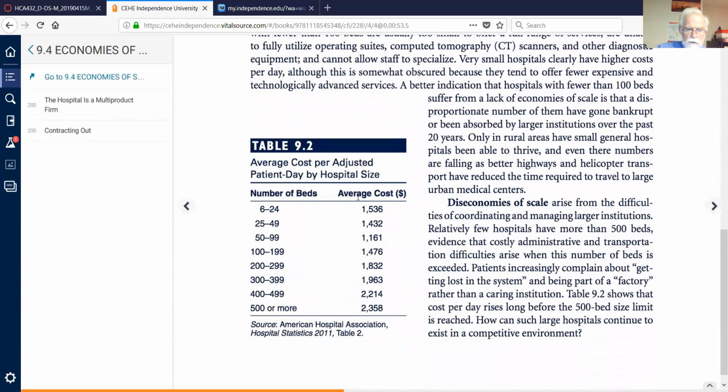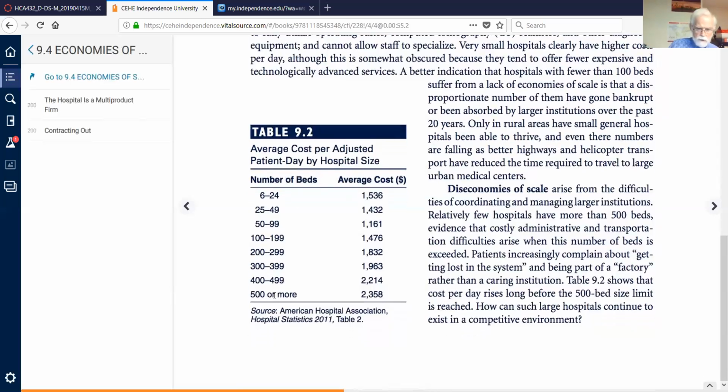This table here is interesting, looking at data from the American Hospital Association. The average cost per patient day by size of hospital, and hospitals are measured by the size of their beds. There are very few hospitals of 500 or more beds, but we can see that our low point comes in a small-ish hospital, less than 100 beds, more than 50.